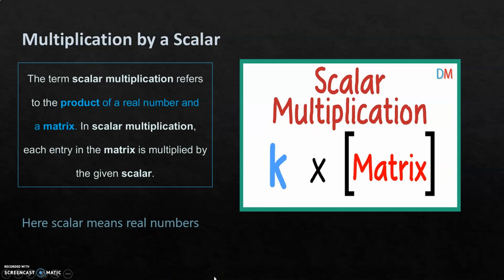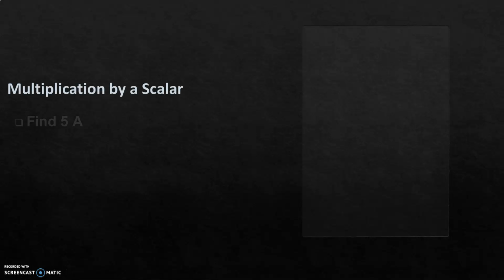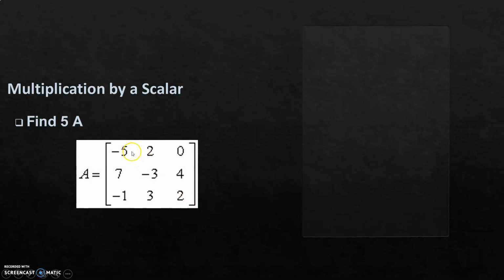For example, if you want to find 5A, here A is the name of the matrix and 5 is the scalar. So 5 into A. A is a 3 by 3 matrix as given here.